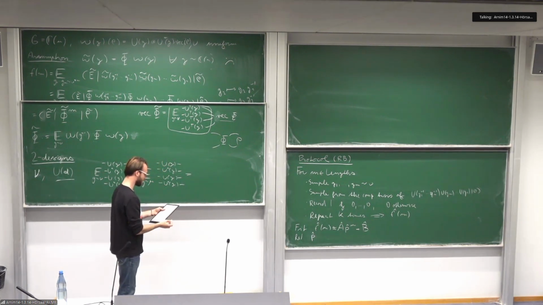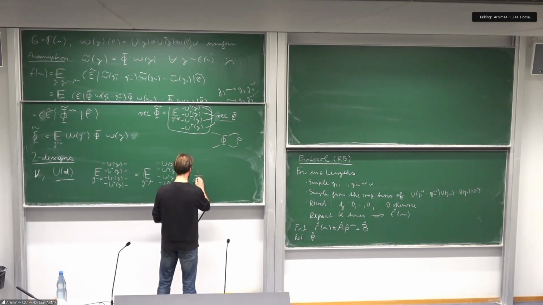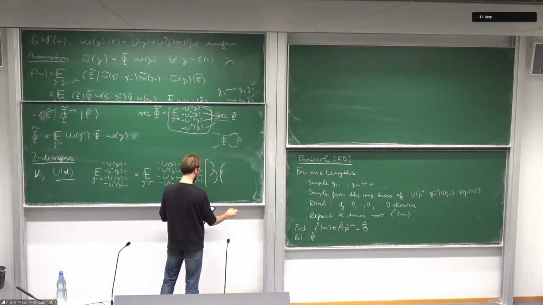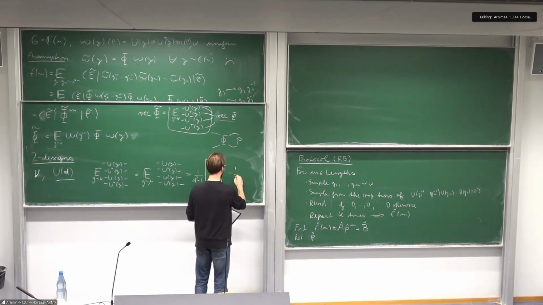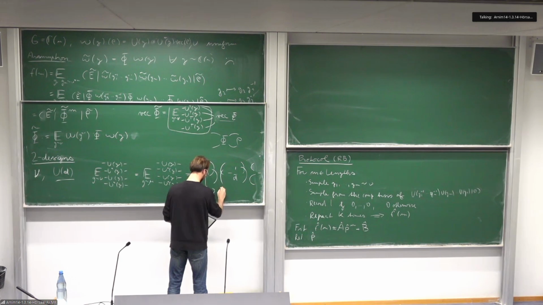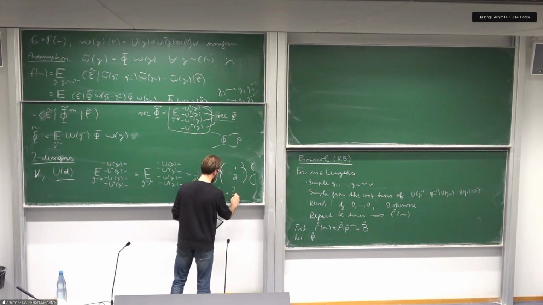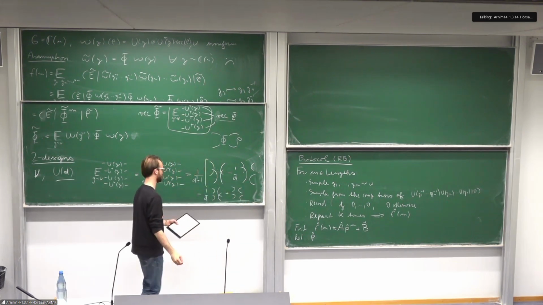It's called Weingarten calculus, and you get this, and then you get this thing.